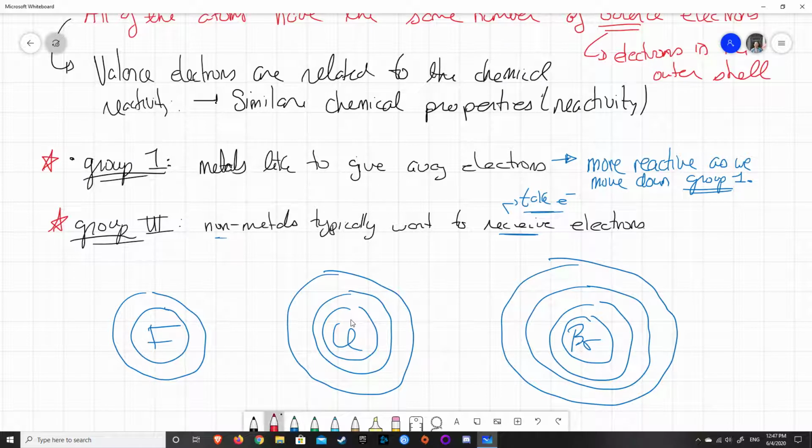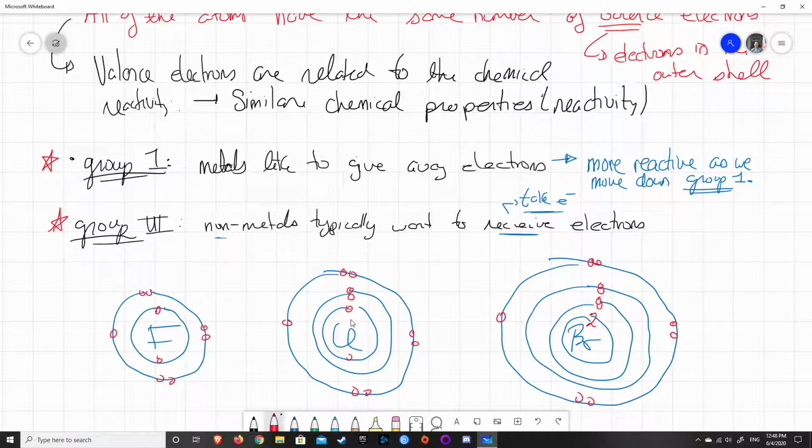But now this is a good point. Let's look at this. Let's fill this up a little bit. That's 2. And this is supposed to be 7. 1, 2, 3, 4, 5. There we go. So this is 2, 8, and 7. Then 2, 8, 7 for chlorine. And this is 2, 8, 8, and 7.